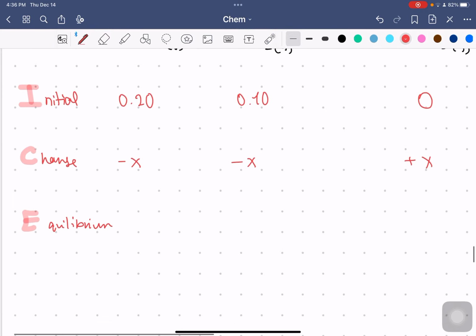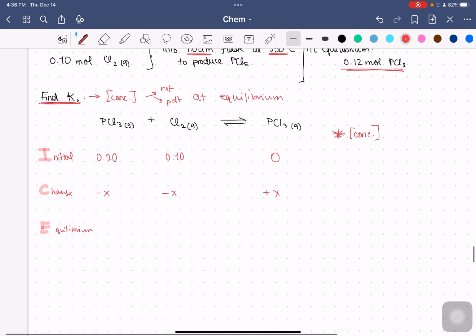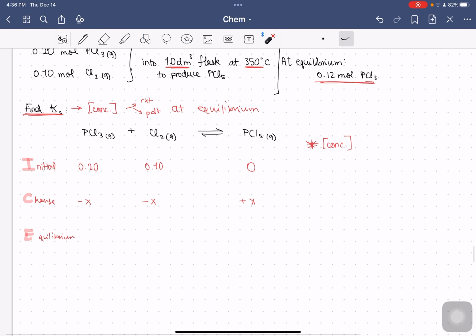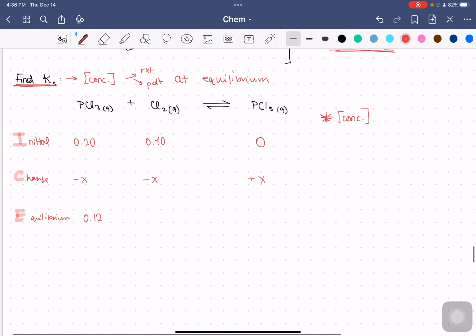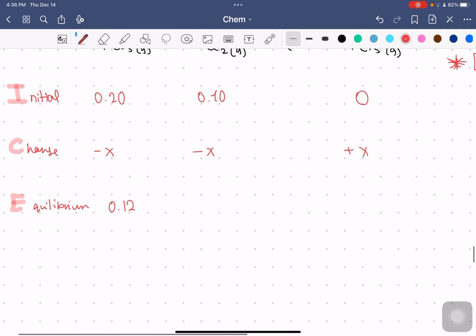Okay, moving on. At equilibrium, we have another piece of information over here. We have 0.12 moles of PCl3 at equilibrium. So we actually can see that the reactants decreased. So we have 0.12 moles, which is going to be moles per decimeter cubed. Here it's going to be 0.1 minus x. Here it's going to be 0 plus x, which is just going to be x.